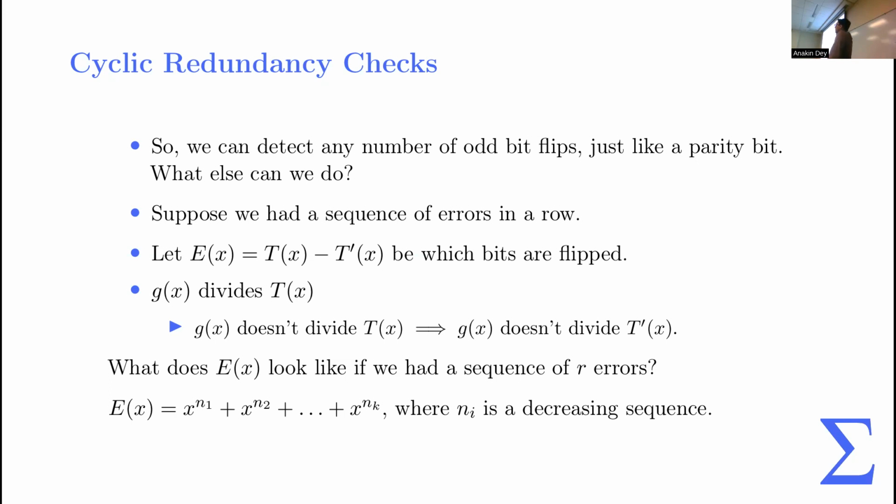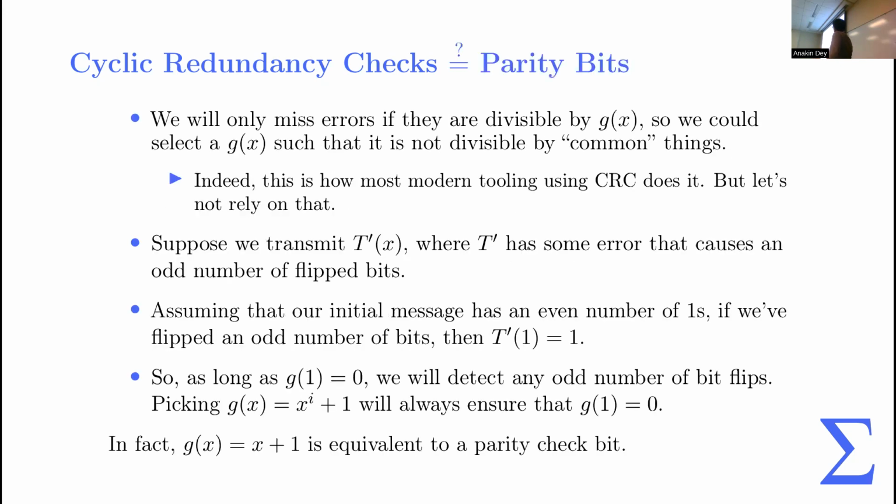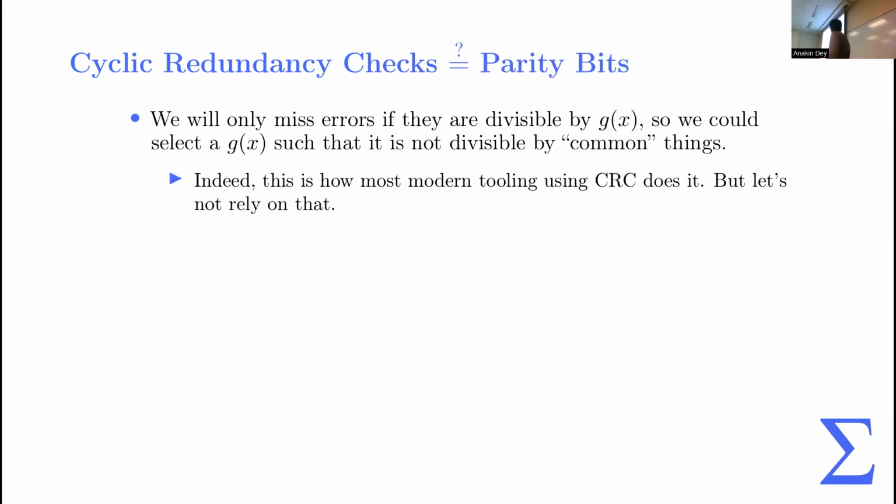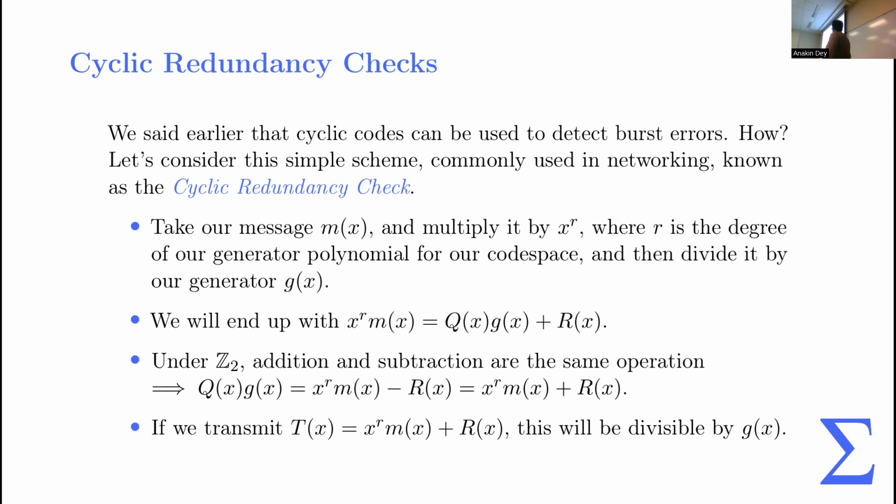So when we do our CRC division, we've got this term and we divide by G of X, even though there's an error in it, it's not going to divide cleanly. And so we'll know that an error happened, no matter how many errors happen, as long as it's less than the degree of the polynomial and they're all next to each other, which is how errors happen in the network.